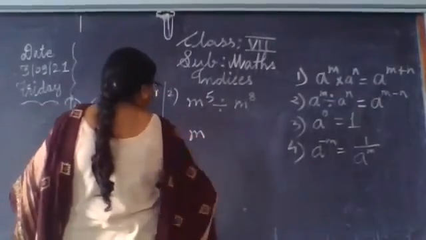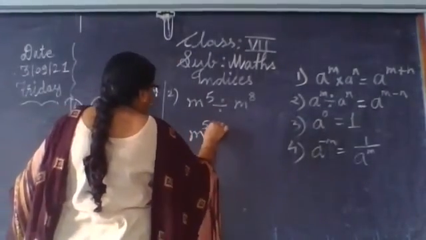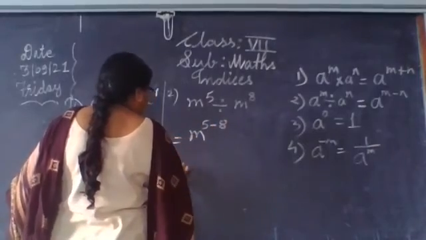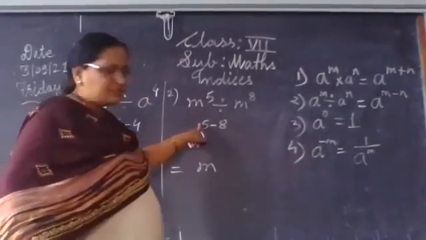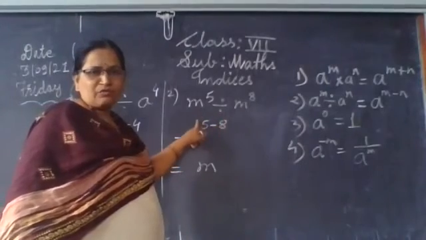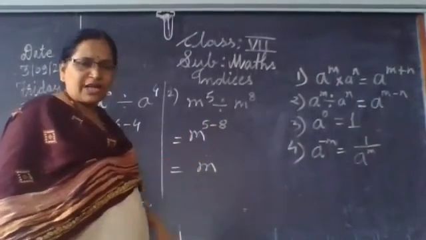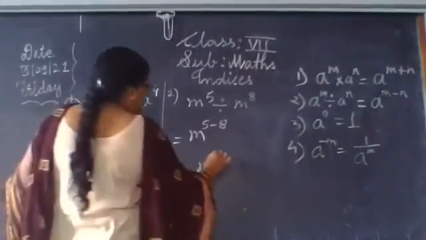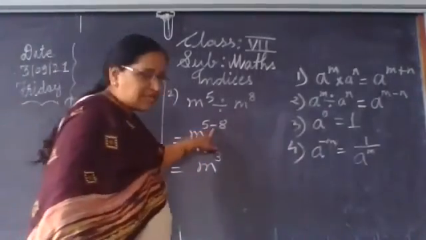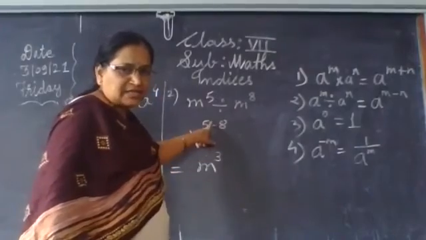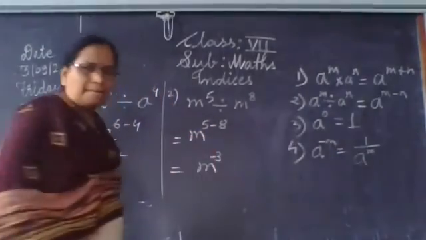So write the base only once and 5 minus 8. 5 is positive, 8 is negative, one positive, another negative, so always do the subtraction. 8 minus 5, 3. 8 is the greater number and it has negative sign, so this 3 is minus 3.